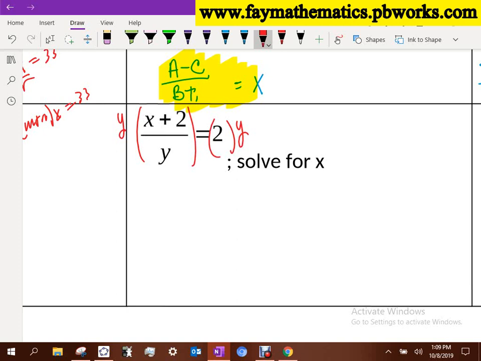So just like it was 7 or 8 or 81, those numbers are going to cancel. You're left with x plus 2 is equal to 2y. Now you'd be left with one more step to solve for x. How do I get that by itself? Subtract 2. So x equals 2y minus 2.